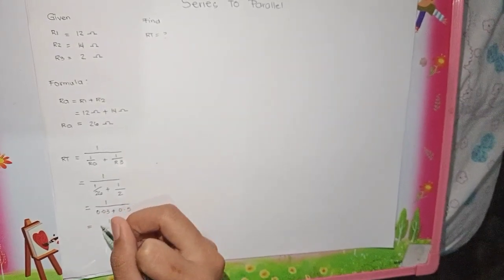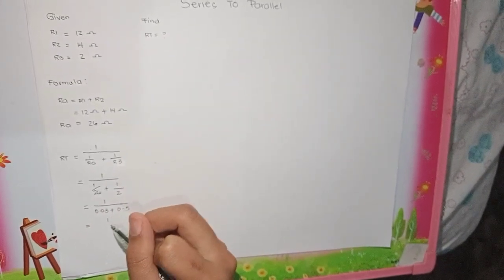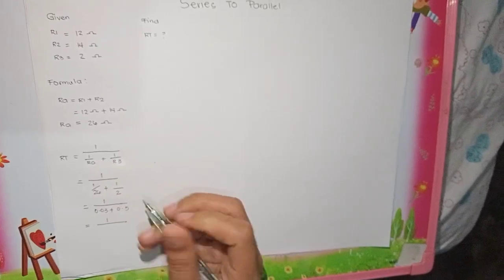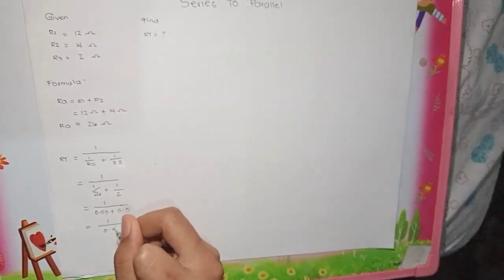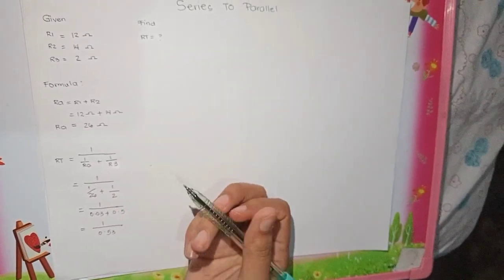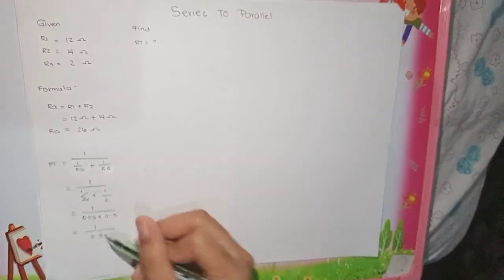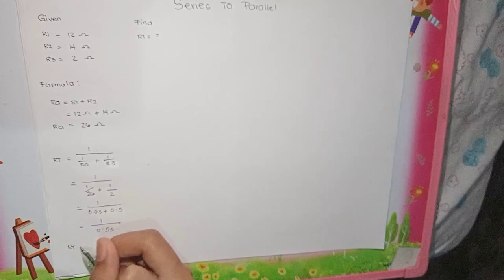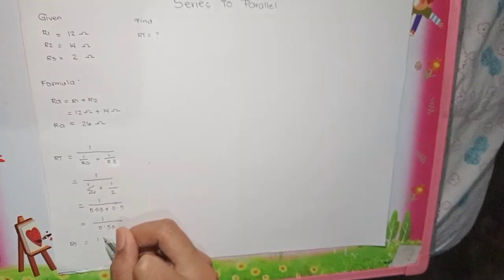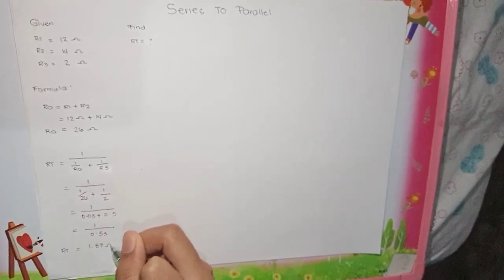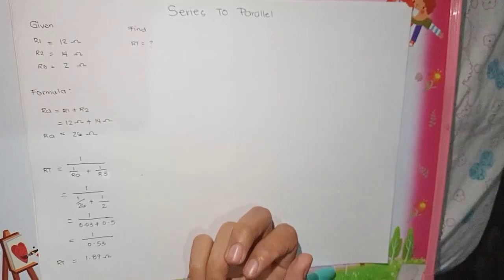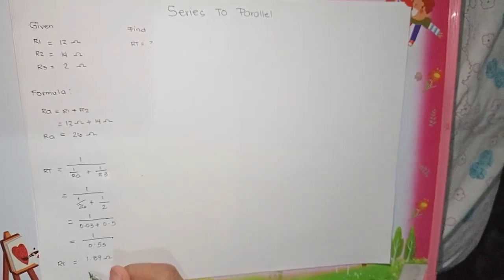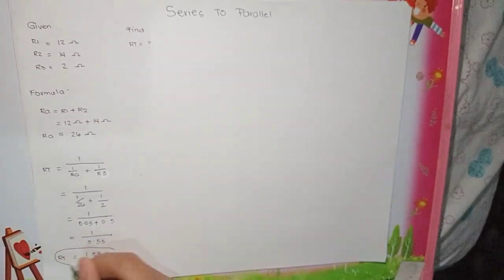Add them again. 0.03 plus 0.5 is equal to 0.53. Then we divide: 1 divided by 0.53 is equal to 1.87 ohms. Therefore, the total resistance is 1.87 ohms.